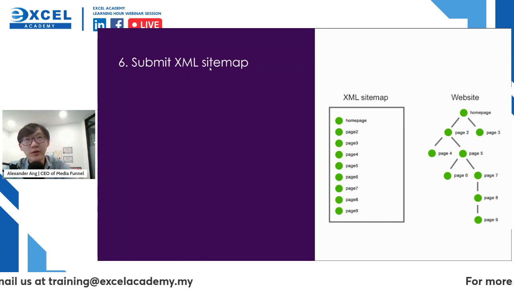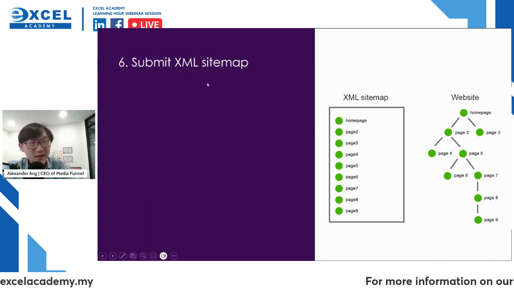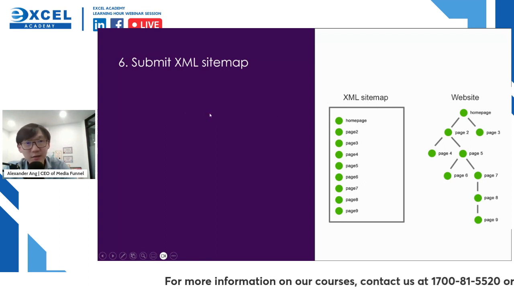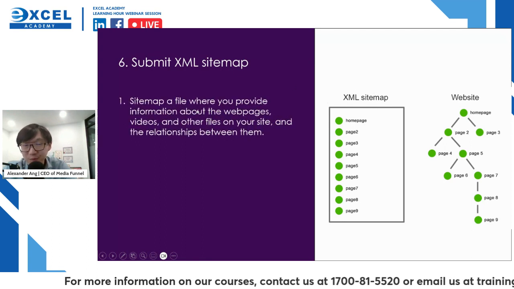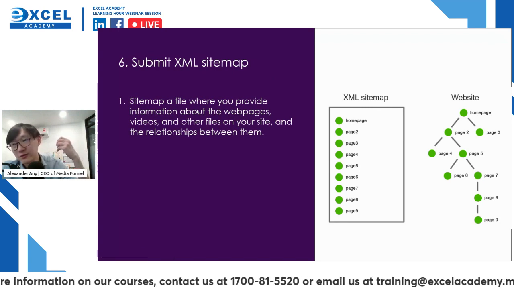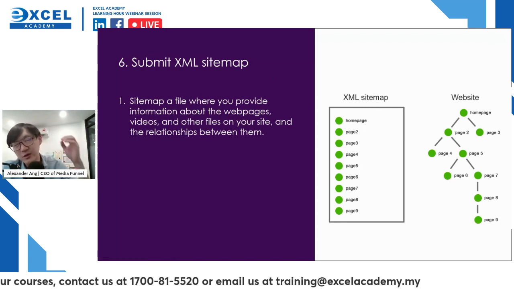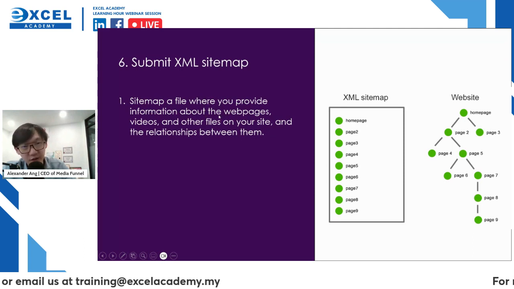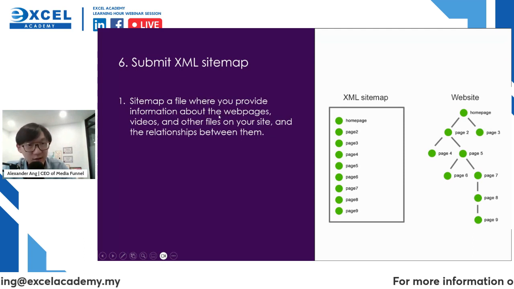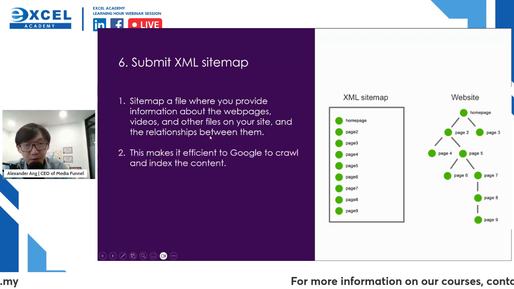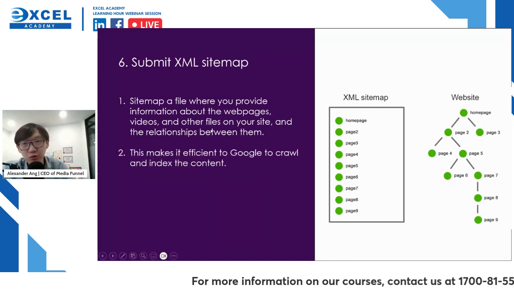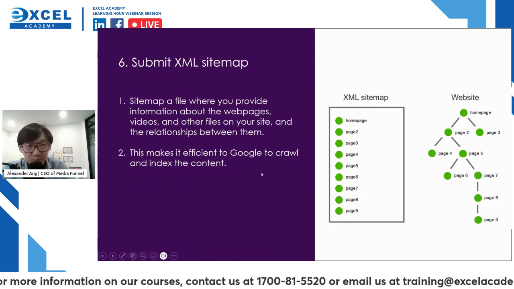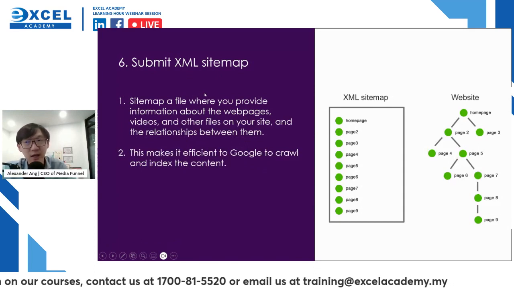But if you really want Google to study your website quickly, then you can submit one. An XML sitemap is a file you upload to your hosting to provide Google information about your web pages, and the relationship between them. It makes it more efficient for Google to crawl and index the content. If you don't submit an XML sitemap, that's okay too.